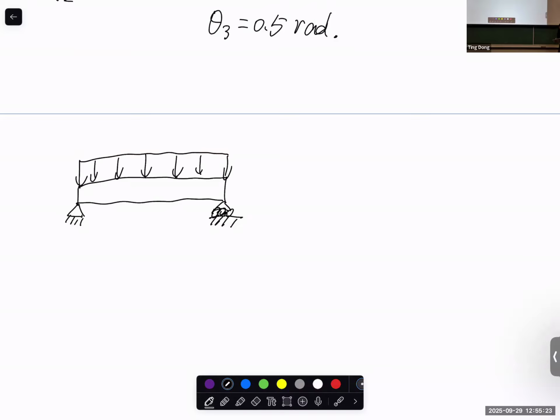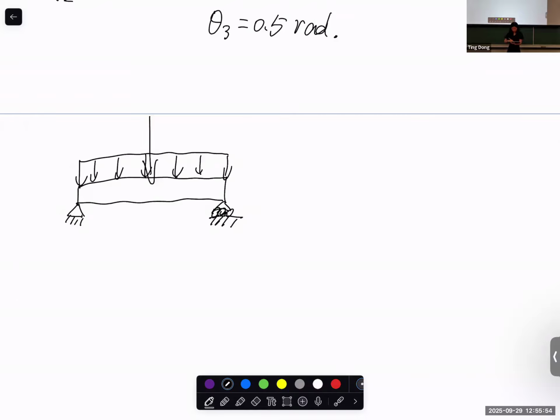What is the equivalent force? It's not accurate. Yeah, so we should have a better way.